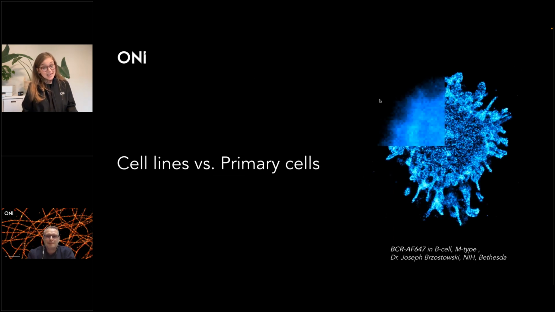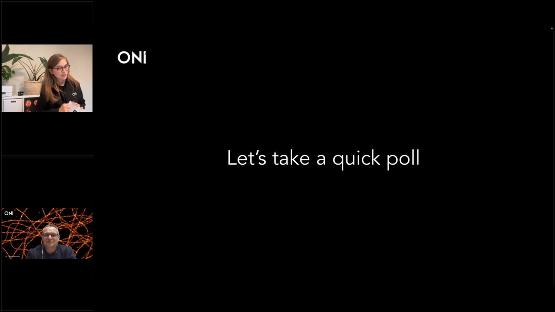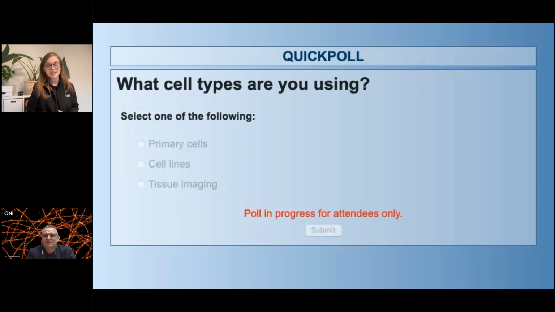We're going to dive right into the application in our next section, which will be focused on imaging cell lines versus primary cells. And for that, we have prepared a second questionnaire for you to understand a little bit more about your experiments and your experience.